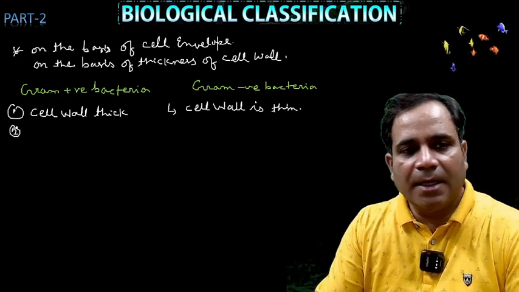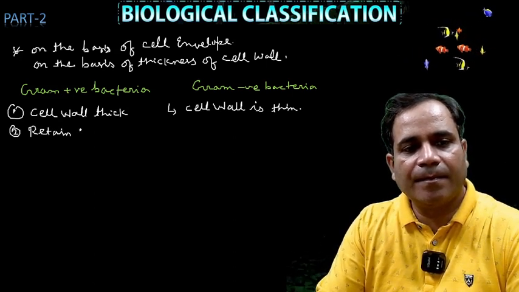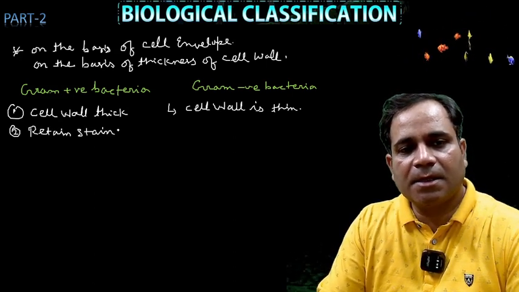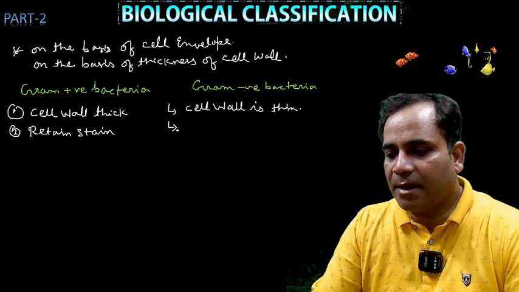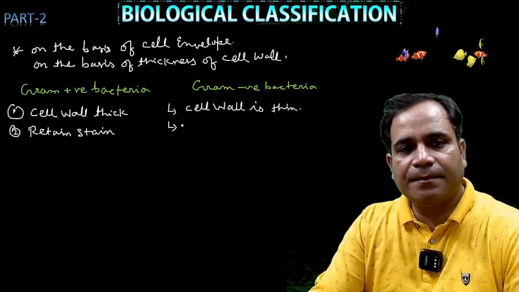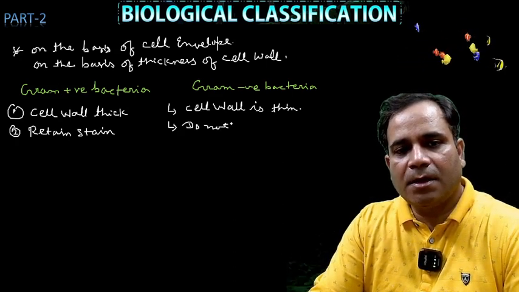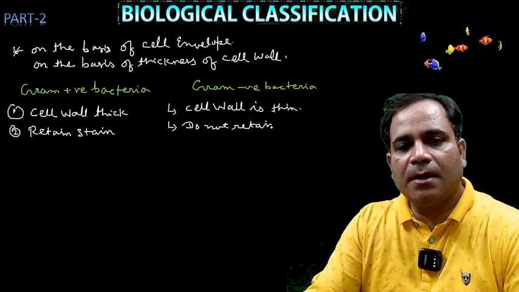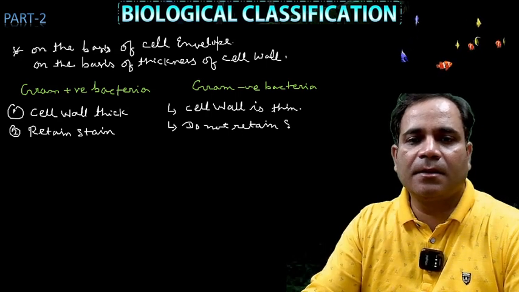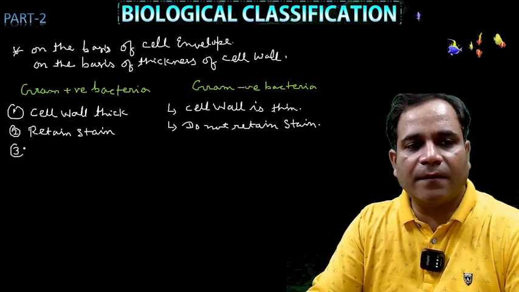Number two, gram positive bacteria retain the stain, which means the color, but gram negative bacteria do not retain the stain. This is the second difference.